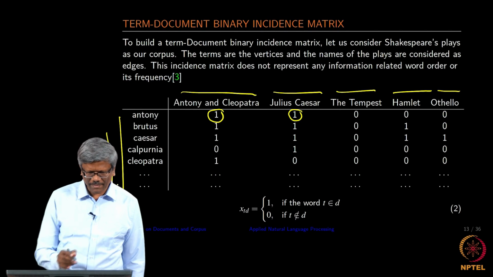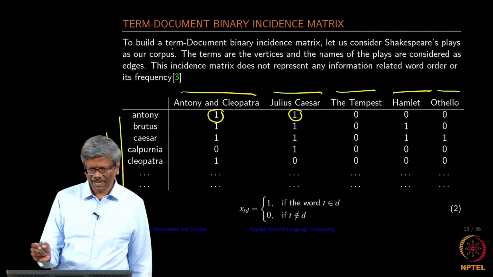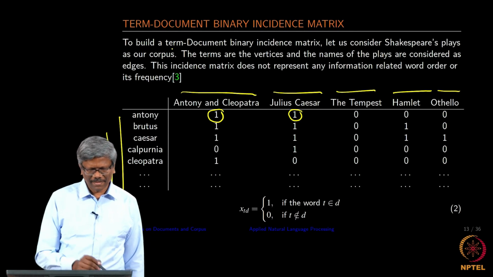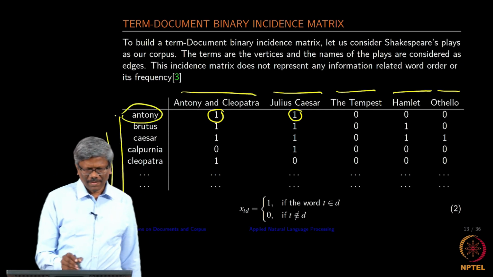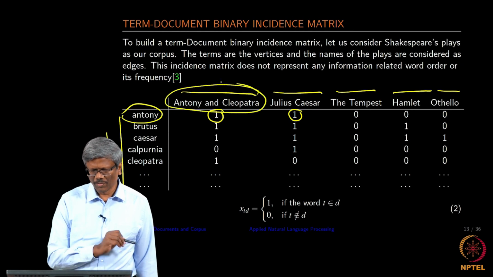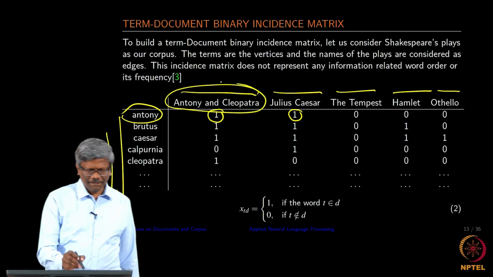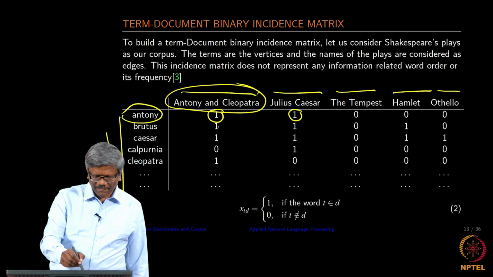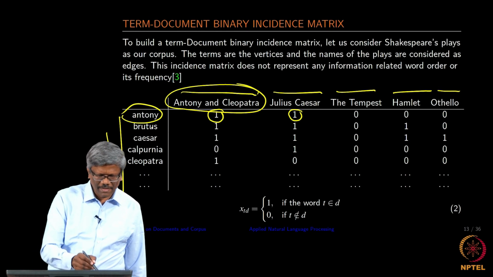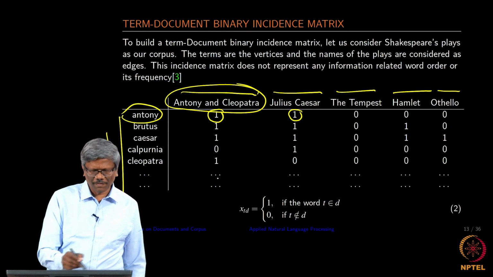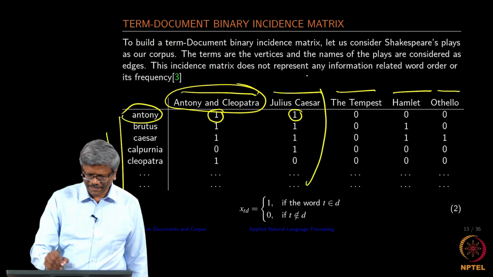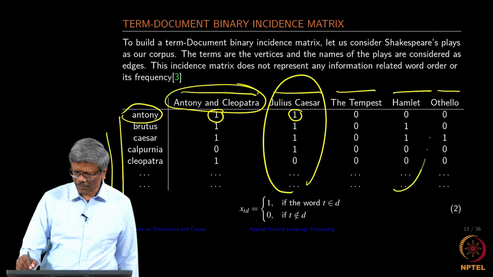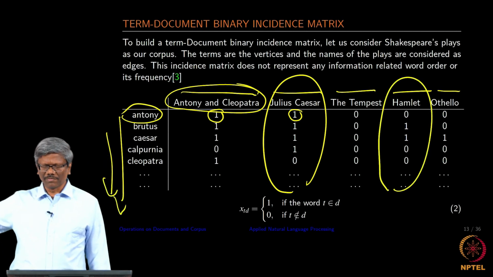If you look at this term-document binary incident matrix, this is your term and this is your document. We have filled in ones and zeros whenever the word or term is found in that particular document. We do this for the second one, third one, fourth one, and however many documents you have.